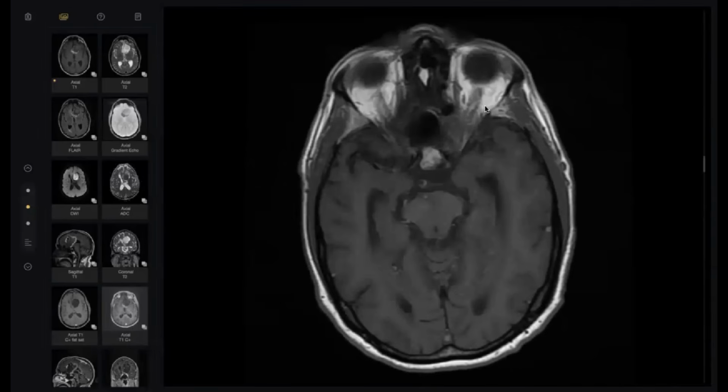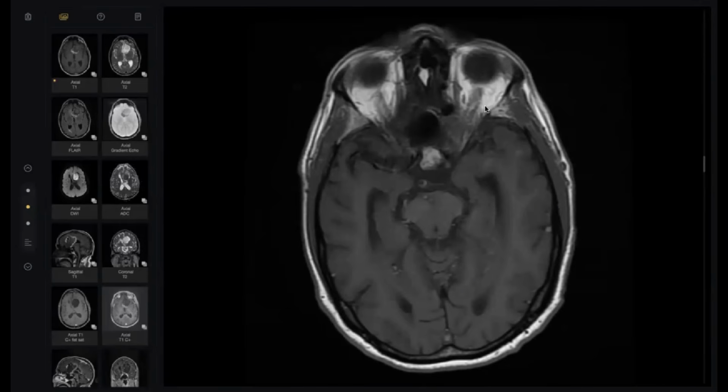My next step is urgent referral to neurosurgeon colleague. Why? What is the complication of rupture dermoid, intracranial dermoid cyst?